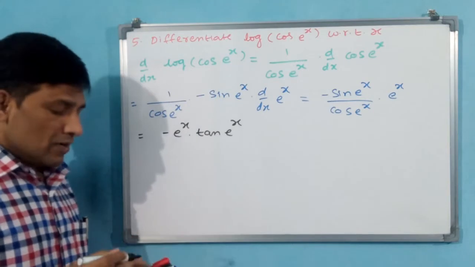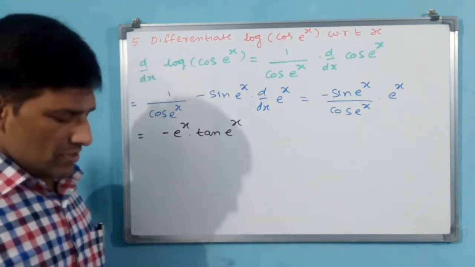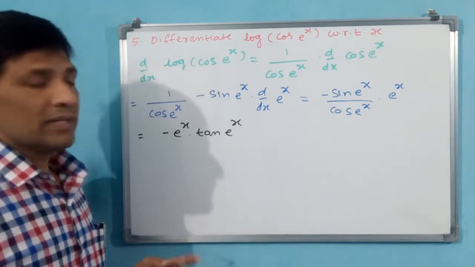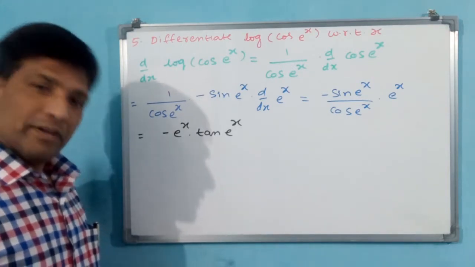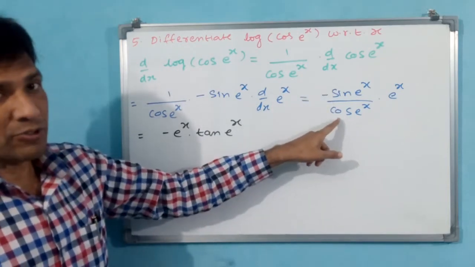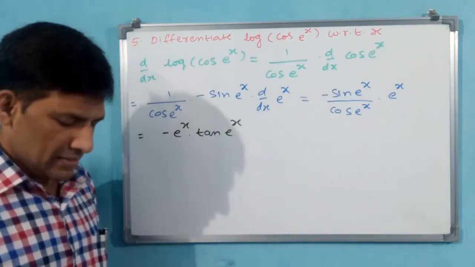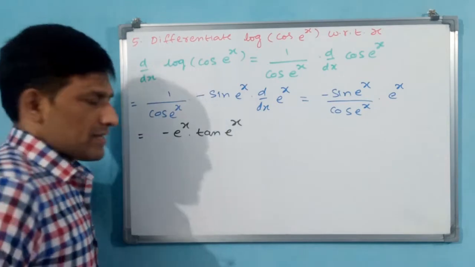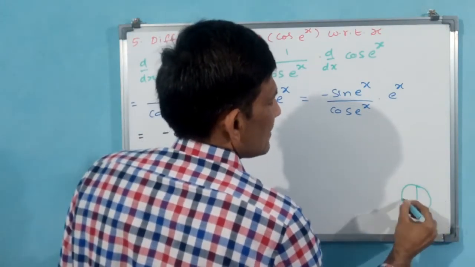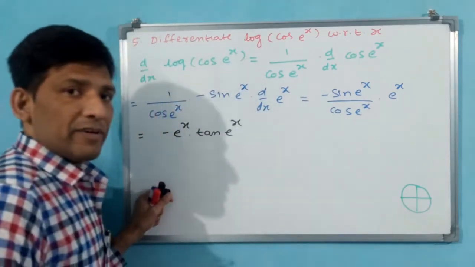Now you imagine, can you restrict any domain here? Think. Definitely you can restrict the domain. Why? Because tan means sin by cos, and cos should not become 0 here. You see what I am writing here? Again for cos, this is the circle diagram for cos.